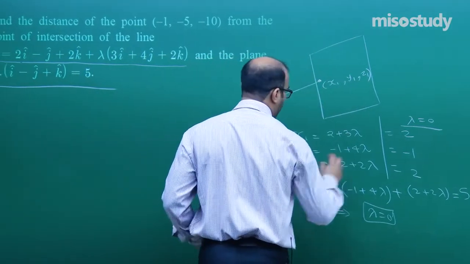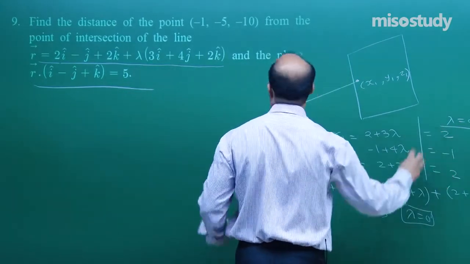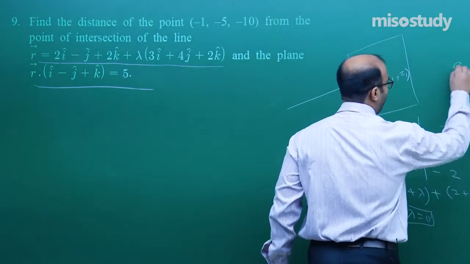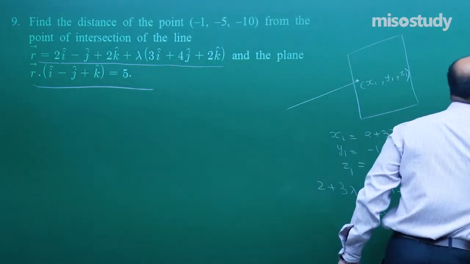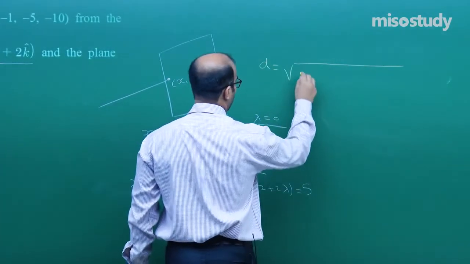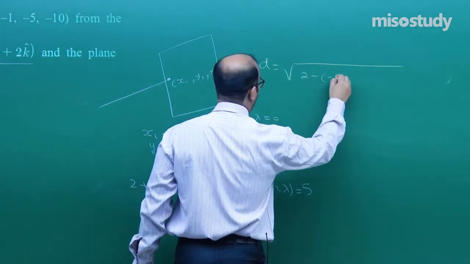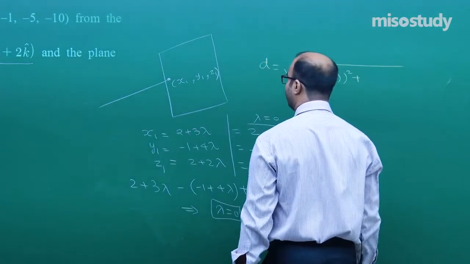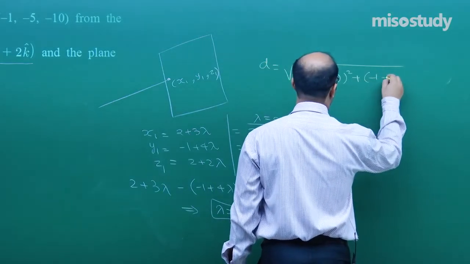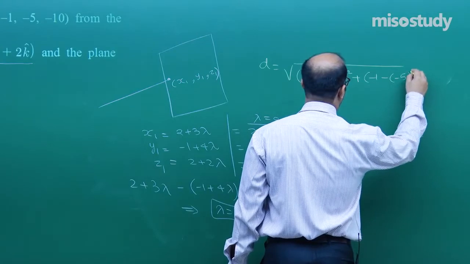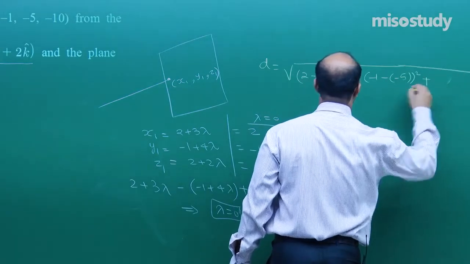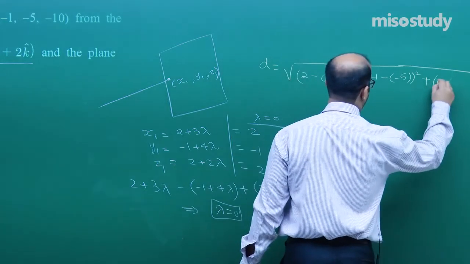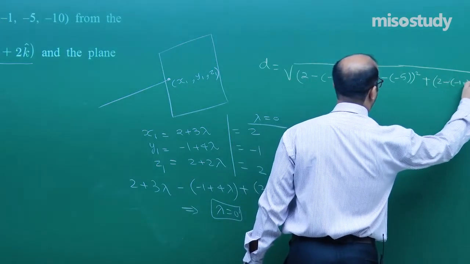So, if we have to now find the distance of this point from this point, what will we do? We will apply the distance formula and we will say root over x2 minus x1 whole square, so 2 minus 1 whole square, plus y2 minus y1 whole square, -1 minus 5 whole square, plus 2 minus 10 whole square.